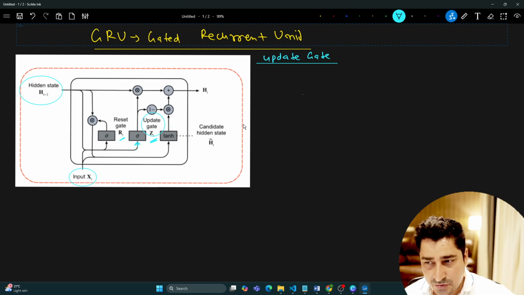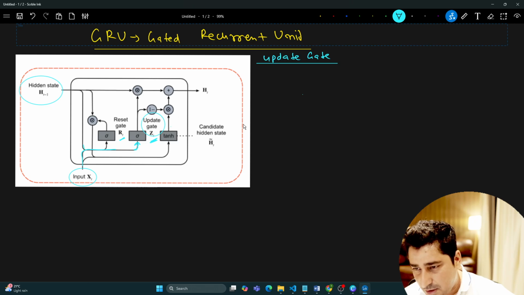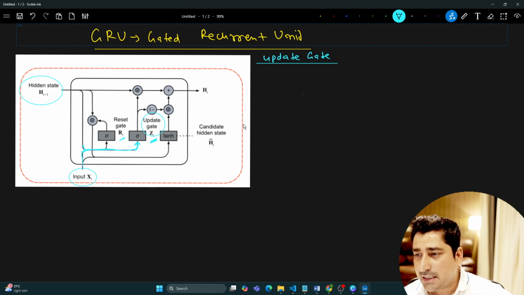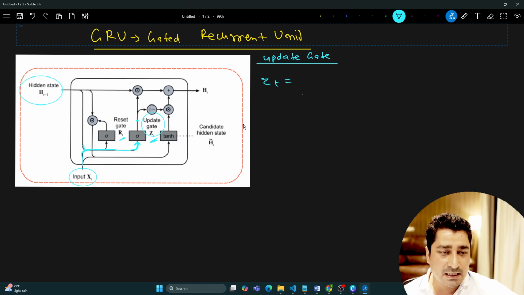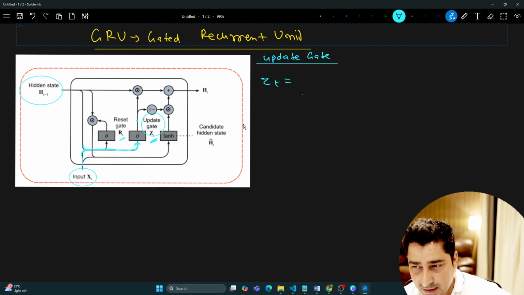So obviously it takes two inputs, as suggested in the diagram. Inside this update gate, it is going to produce z of t, which is the update, and which is nothing but a sigmoid.